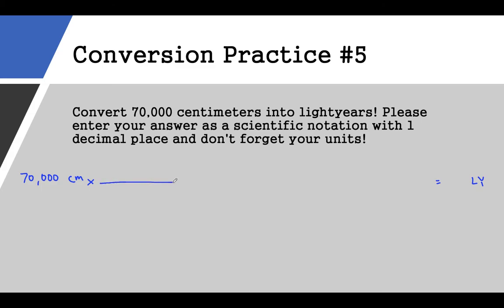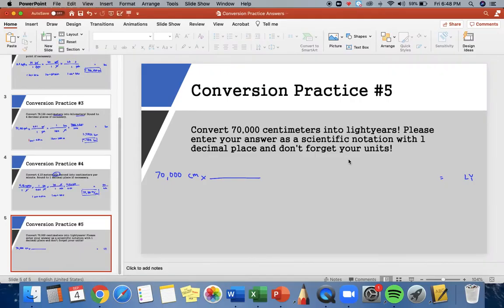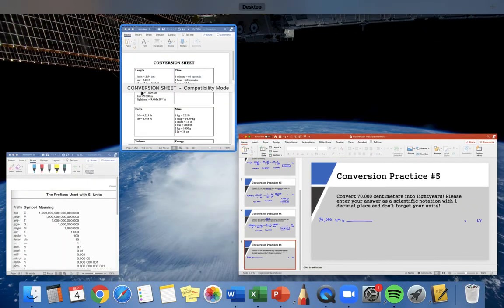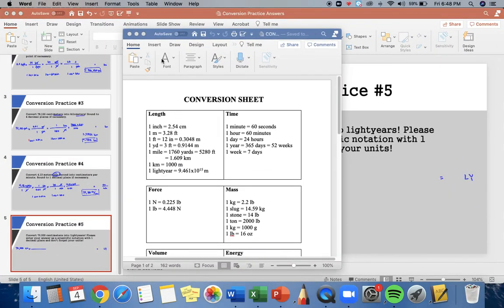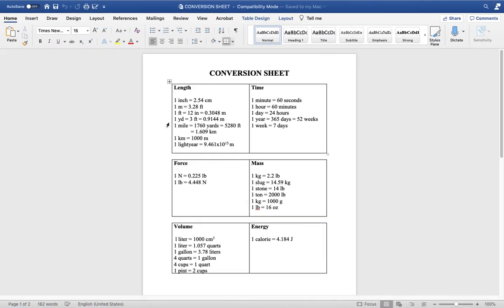All right, what do I want to do? Well, this is one of the times where I feel more than likely we want to check out our conversion sheet. So if I choose our conversion sheet and I look at what we have for light years, the only thing for light years is meters.